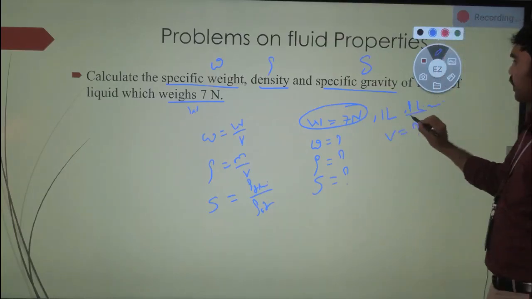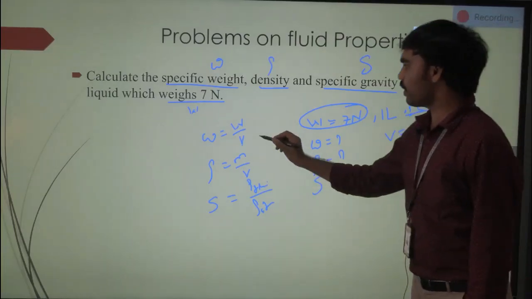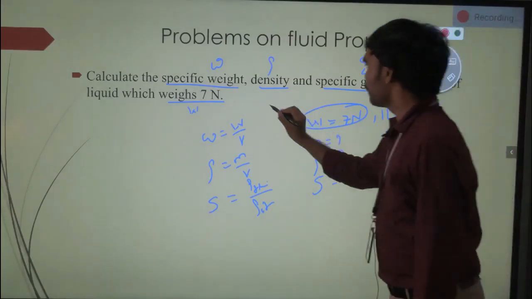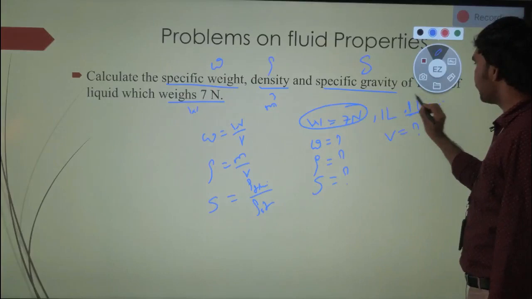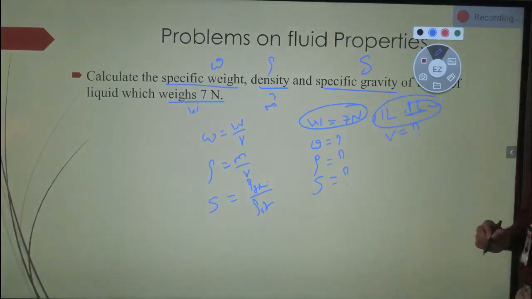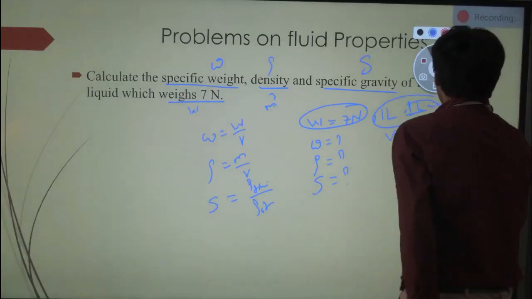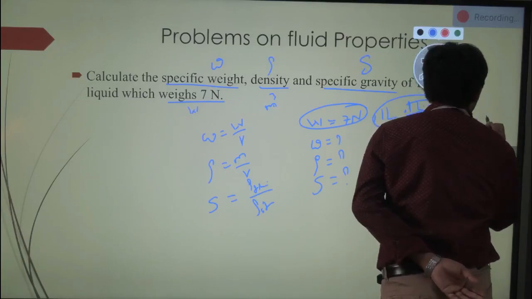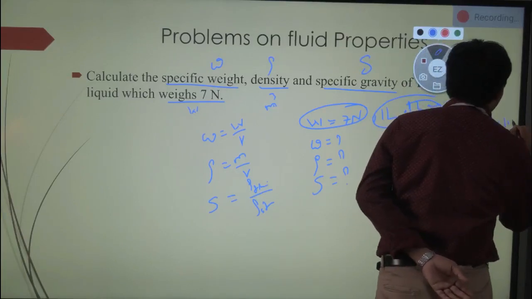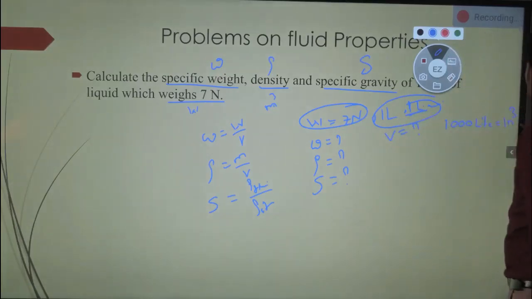This is in liters, but normally how will we use volume? In meter cube. So we need to convert these liters into meter cube. How are we going to convert? We know that 1000 liters will occupy 1 meter cube volume.